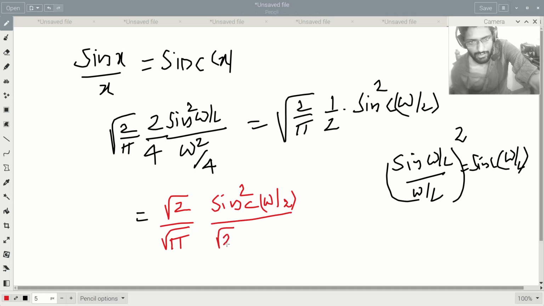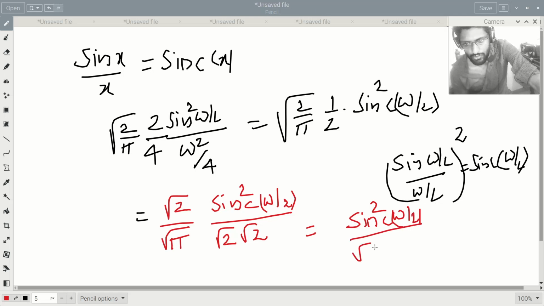That 2 can be written as root 2 into root 2. So one root 2 and another root 2 will cancel and we will get the final answer: sinc square omega by 2 divided by root 2 pi. Okay, this is the final answer.